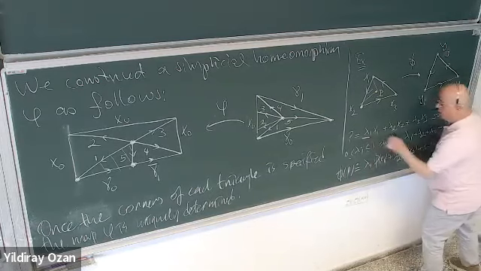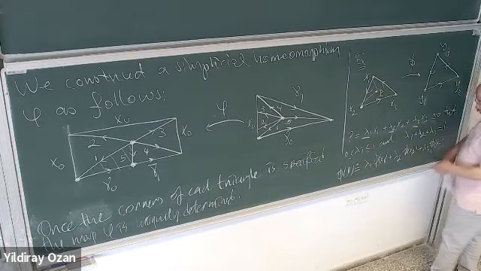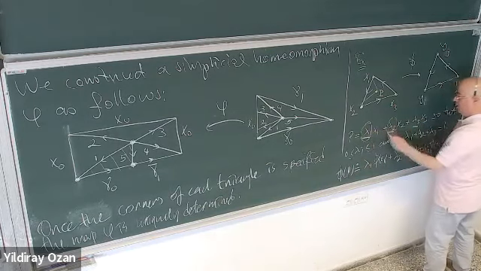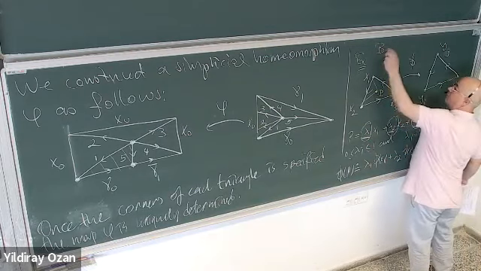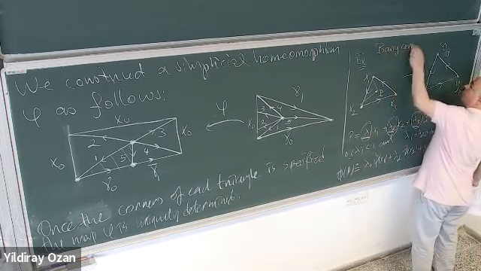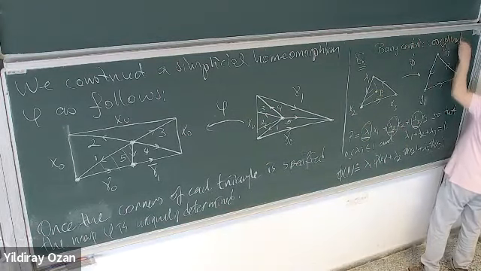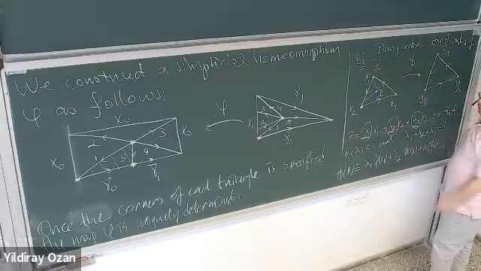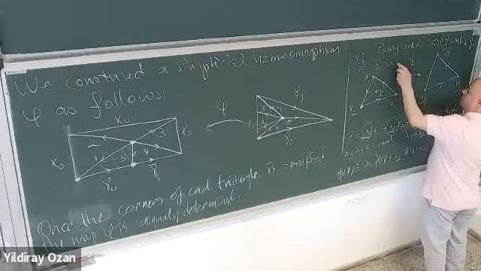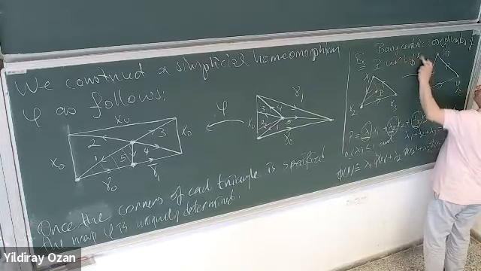These lambda_i's, by the way, are called barycentric coordinates of the point P with respect to x1, x2, x3.